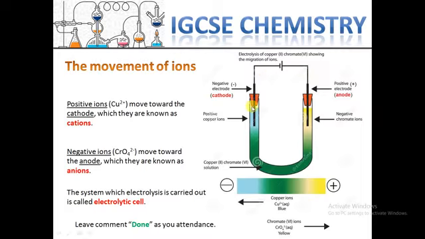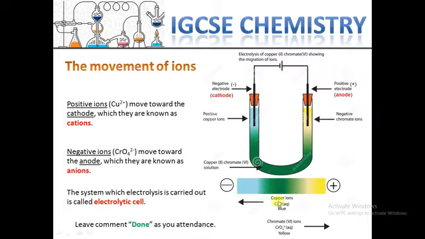Here also, as we learned before, we have a negative electrode, which we call the cathode, and a positive electrode, which we call the anode.